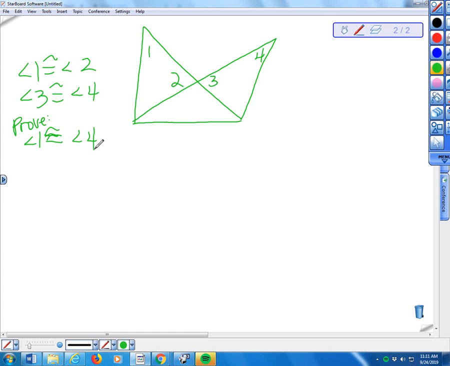Okay, so anytime you set a proof up, you always start with 2 columns. One is statements, and one is reasons. What's the first statement you always put in there? The given. And this is what I was given.